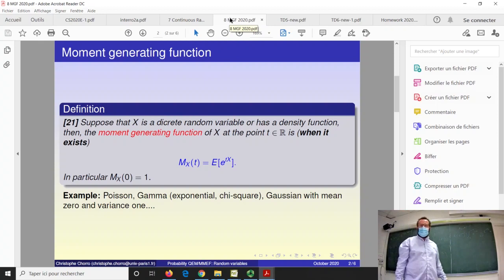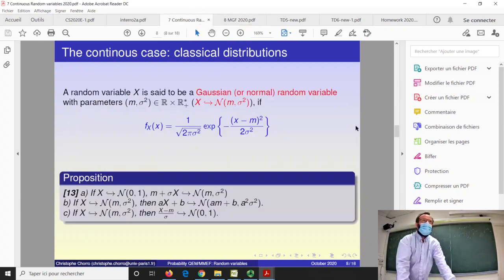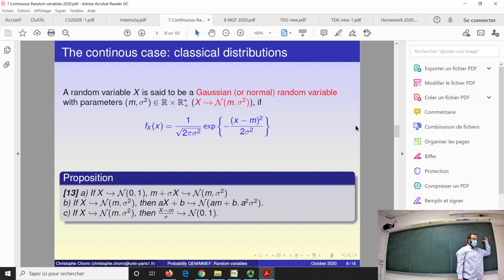It's a kind of computation we have already done together. My Gaussian is here. I am able to compute the integral of all these terms, knowing that this integral is 1. But I see that I have something involving the density of N(0,1) and an extra term here.